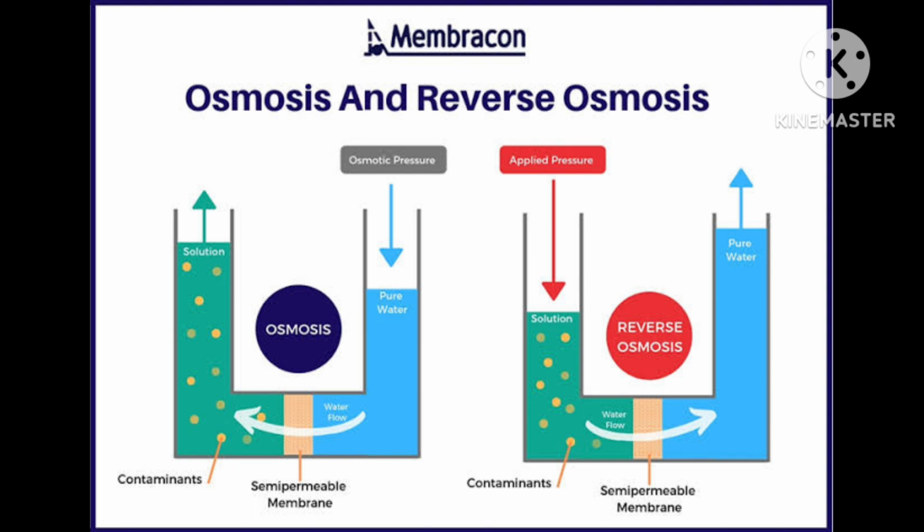And then the high pressure you apply, the cellulose acetate semi-permeable membrane should not crack, should not break, should not rupture. Then pressure is adjusted. Then I have told you how the reverse osmosis filter, RO, works.